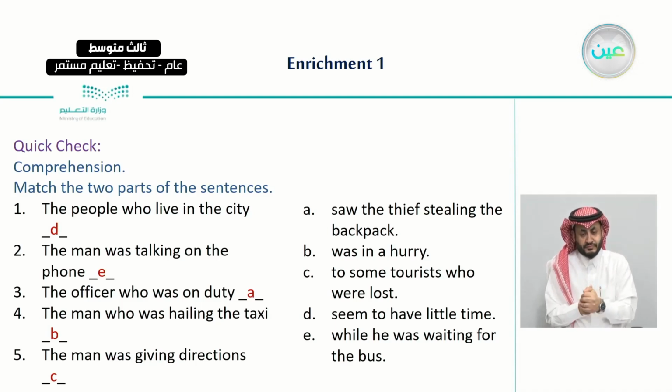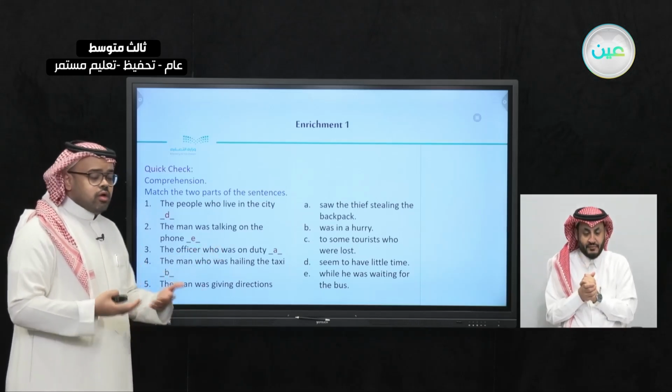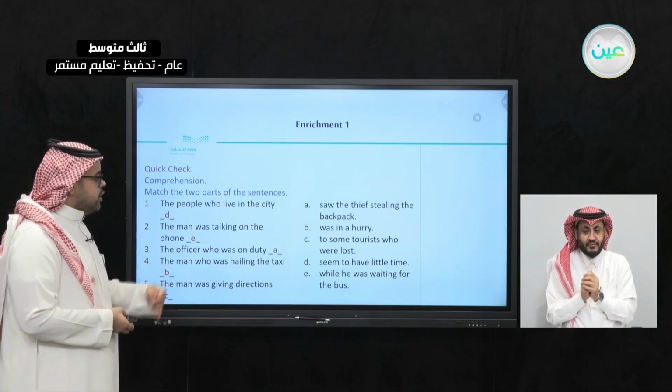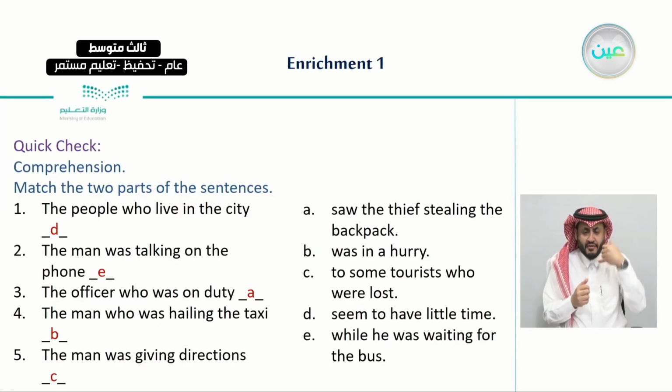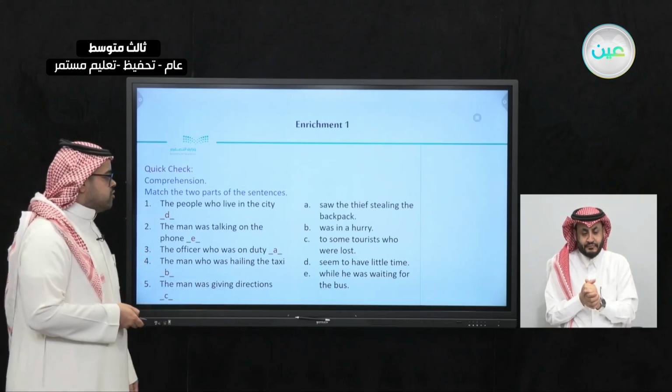So this is why we said in the previous description that the people were in a hurry; here we have a similar meaning to in a hurry, which is have little time. Also, for example, number 2 is the man who was talking on the phone while he was waiting for the bus, and number 3 goes with A, B and C. So this was another exercise that we did in that lesson.